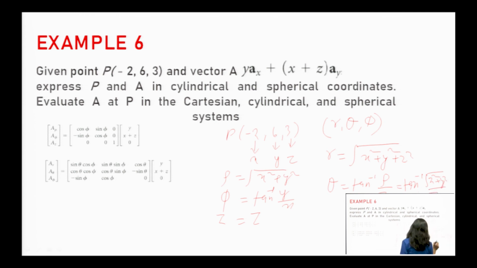Phi is the same as before, the azimuthal angle, that is tan inverse of y by x.